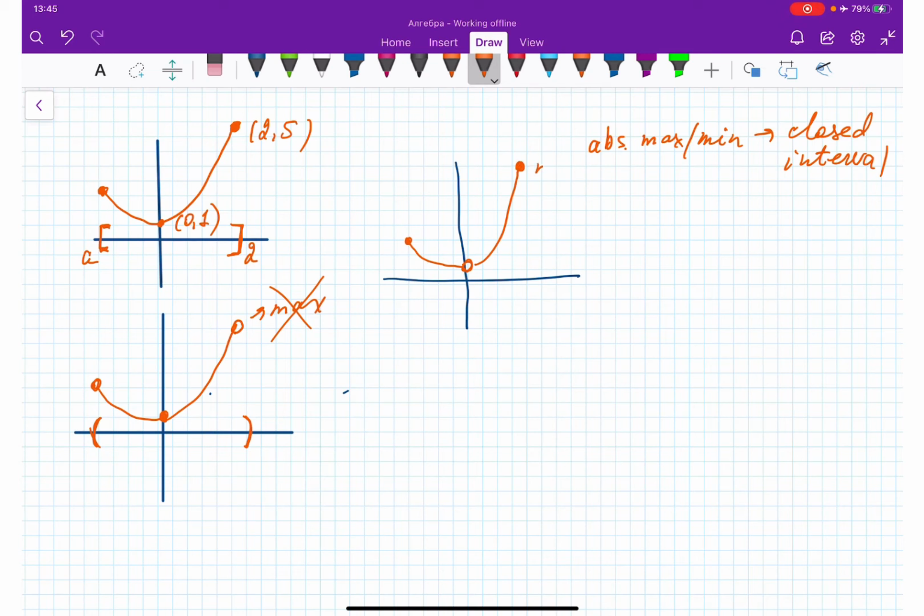So this will be the absolute max, right? But here we won't have a minimum. There is no minimum here. Why? Because we have an empty circle, although our interval is closed. And on this graph of this function, we won't have a maximum, but we will have a minimum. Oops. We will have an absolute minimum.